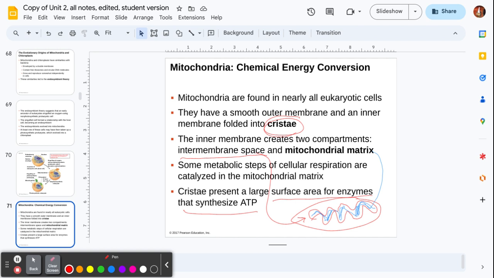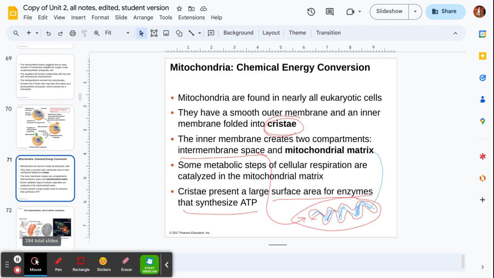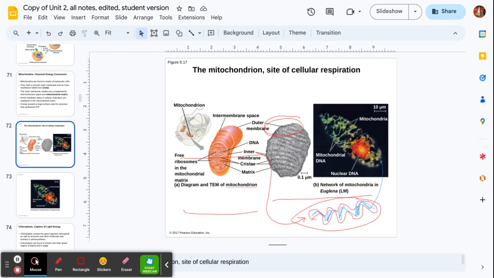So remember, mitochondria are involved in cell respiration. Cell respiration is taking your food and breaking it down in a way that creates ATP from that food. And then ATP will be the energy molecule that our body uses to do everything, to think, to breathe, to pump blood, etc. Here's a better picture of it.